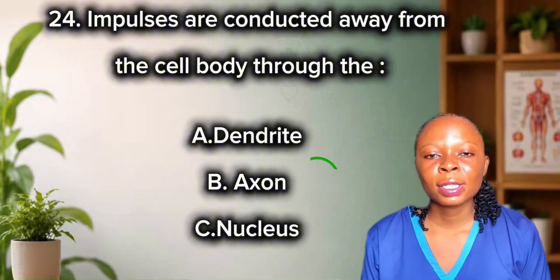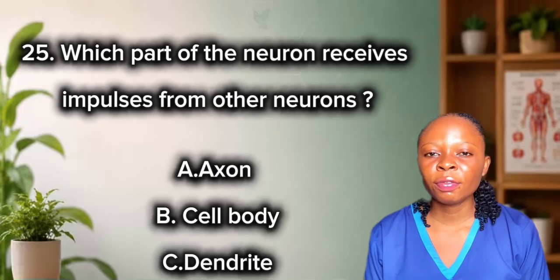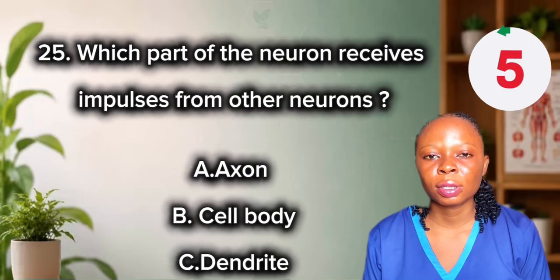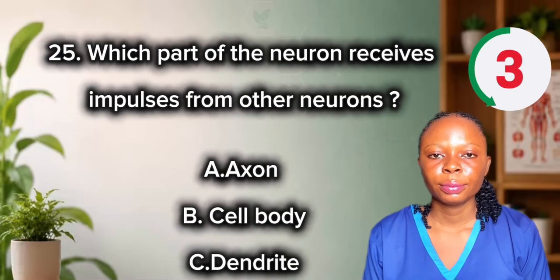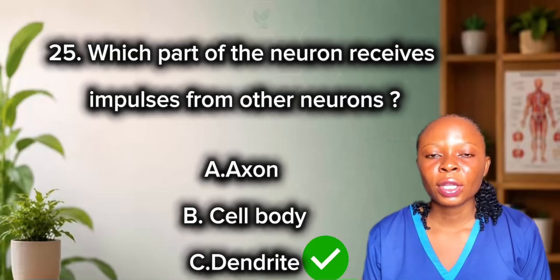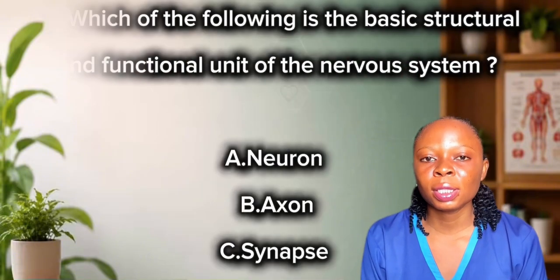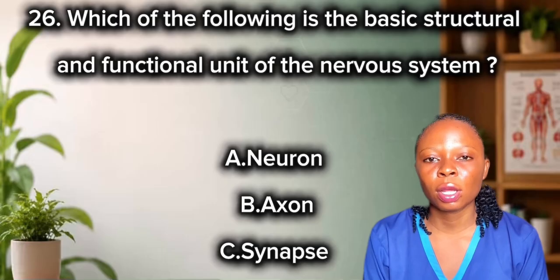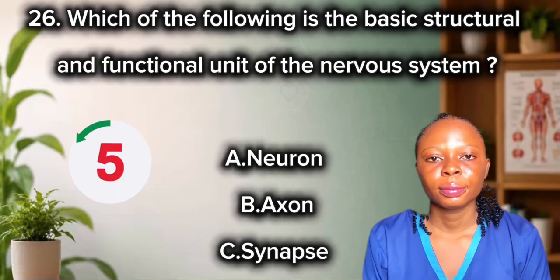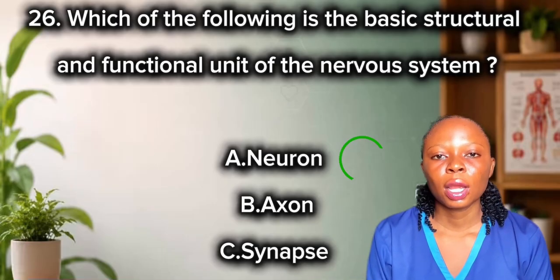The axon carries impulses away from the cell body. Which part of neuron receives impulses from other neurons? Dendrites receive incoming nerve impulses. Which of the following is the basic structural and functional unit of the nervous system? Neuron.